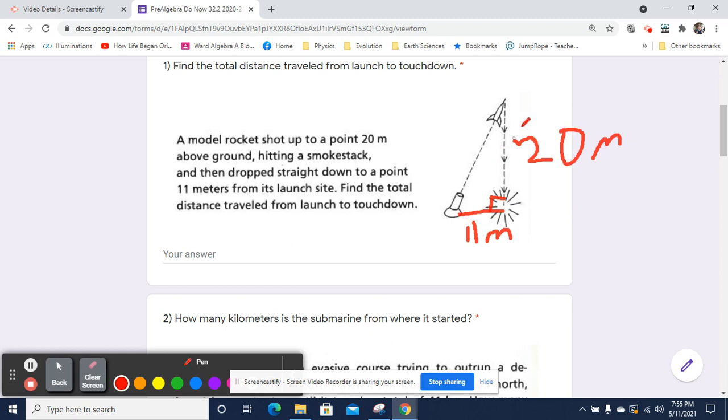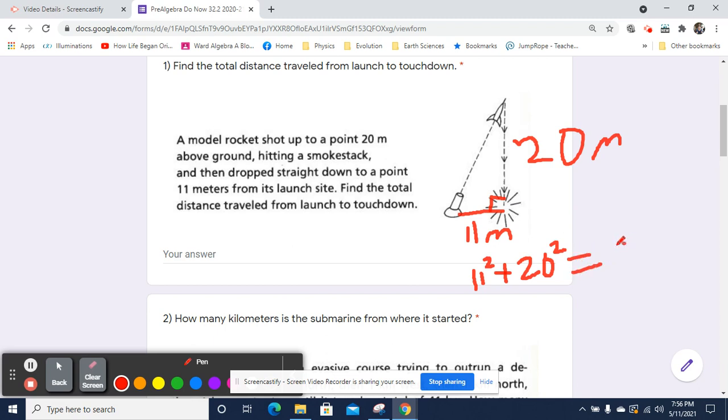And so what we need is this length and this length. Well, this is the hypotenuse, so we can work this out. This is going to be A and B if you like, it doesn't really matter, but we'll say 11 squared plus 20 squared will equal c squared.